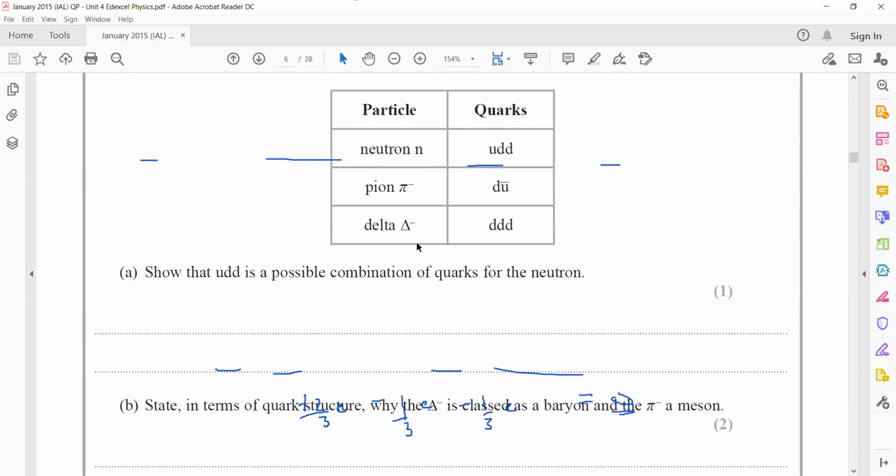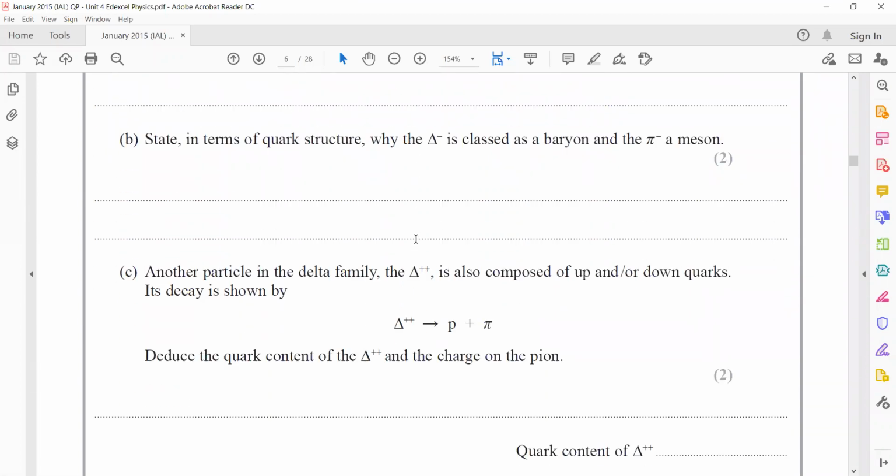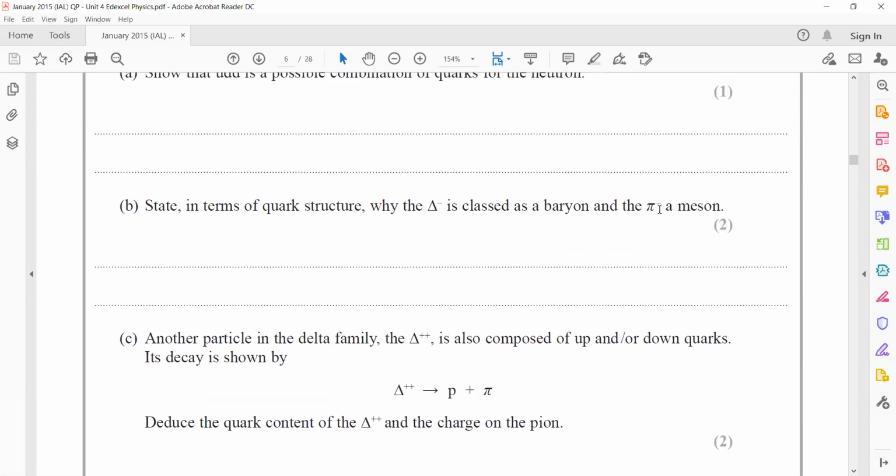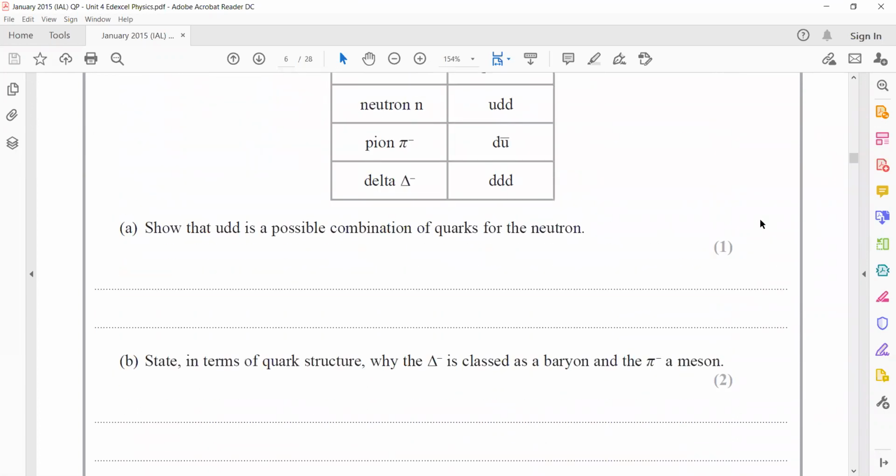The second part: state in terms of quark structure why a delta negative is classed as a baryon and pi minus is a meson. So what's the reason? Because the delta particle consists of 3 quarks, whereas pi consists of 2 quarks, one of them a quark and the other an anti-quark.